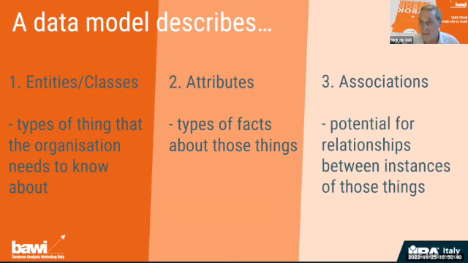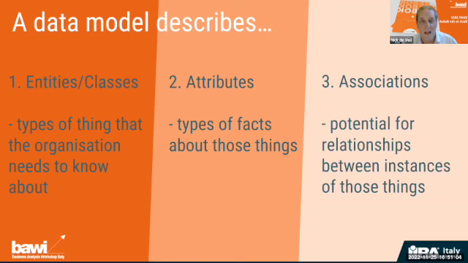So a shop is an entity. And I need to know about the products that I sell in those shops. So a product is an entity. And secondly, we need to know the attributes about those things. An attribute is a type of fact about one of those things. So a product may have a price, for example. A shop may have a location.